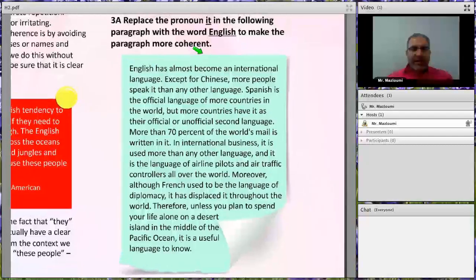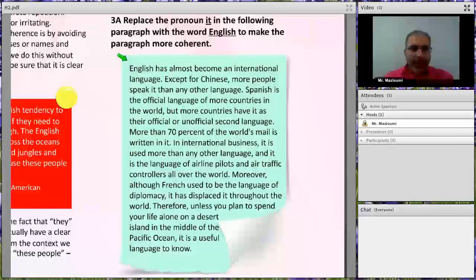There are lots of, let's say, it's in this paragraph. You need to replace them whenever possible with the word English. Well, as usual, I'm going to read it. So, I'd like you to take a listen. I will discuss the new vocabulary and finally we will check the answer. Alright? Now, here we go.